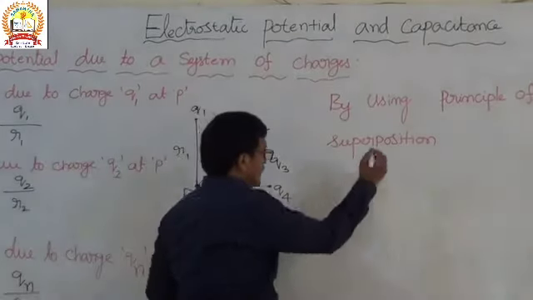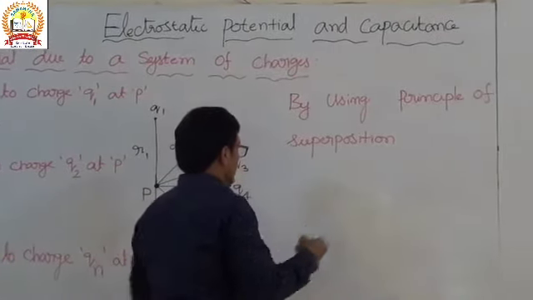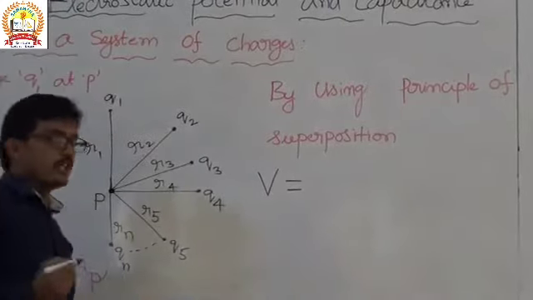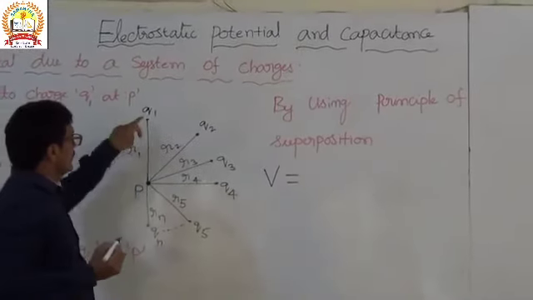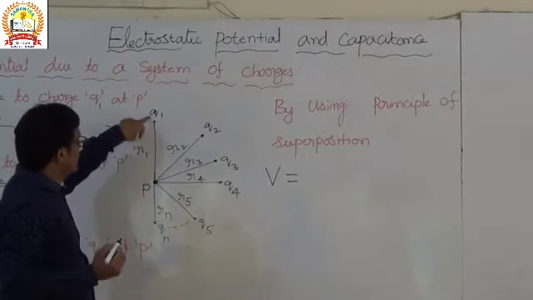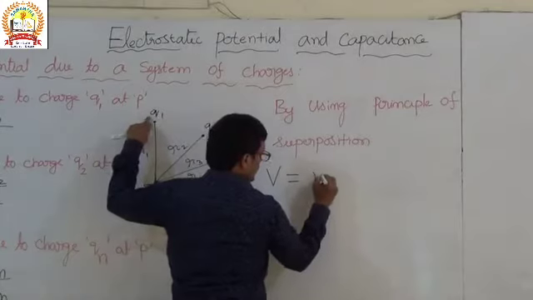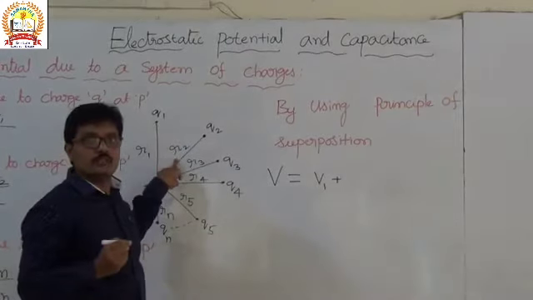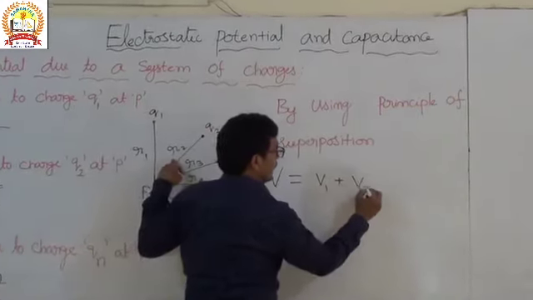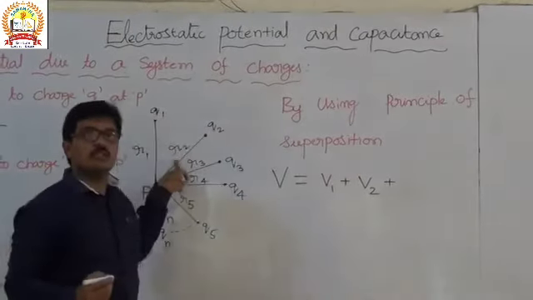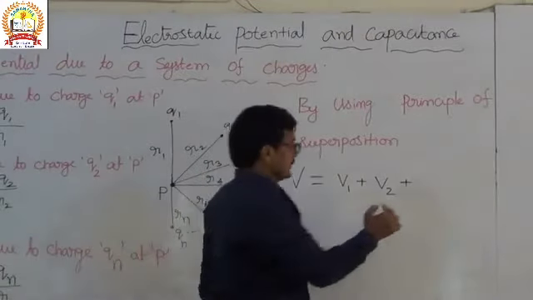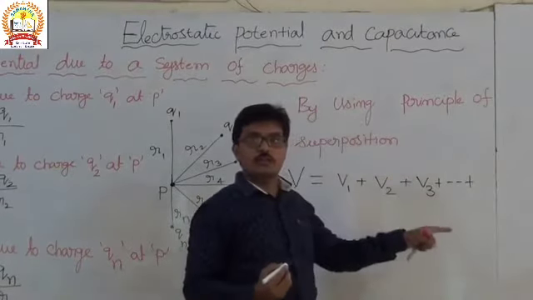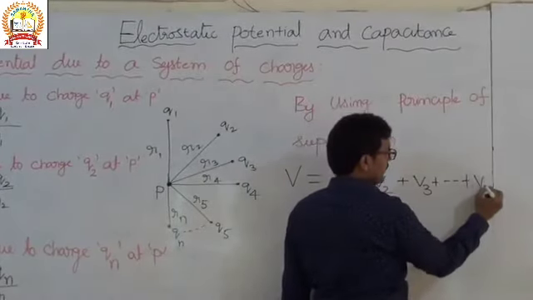So the net or total potential V is equal to V1, the potential at P due to charge Q1, plus V2, the potential due to charge Q2, plus V3, the potential due to charge Q3, and so on, plus Vn, the potential due to charge Qn.